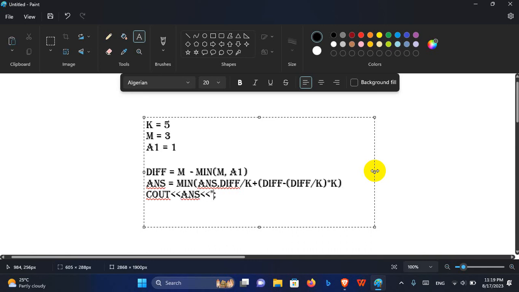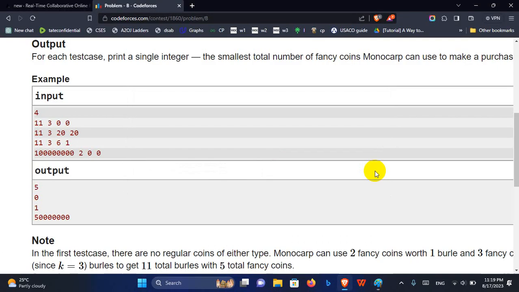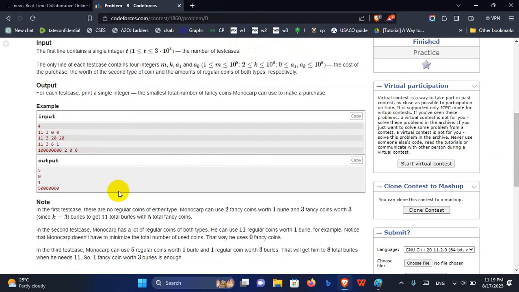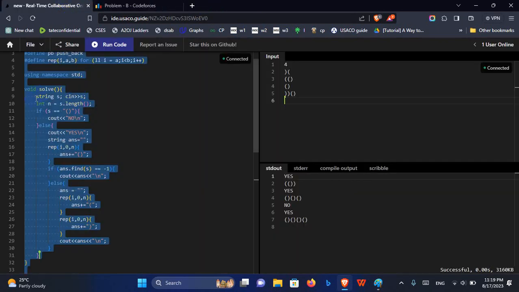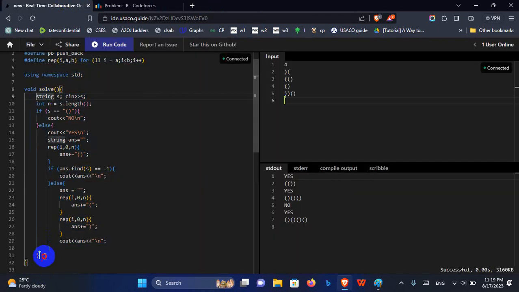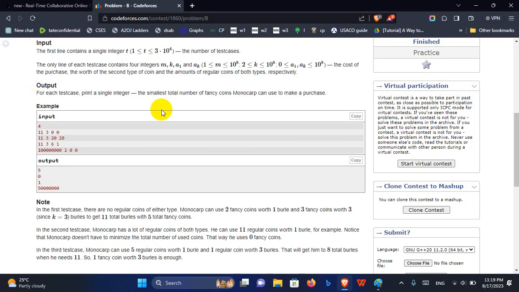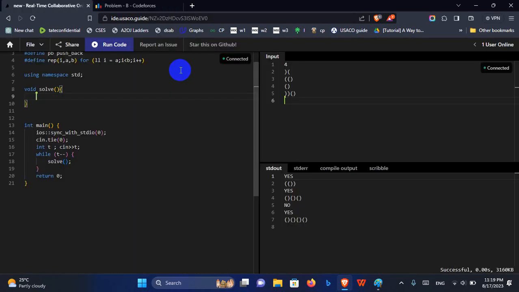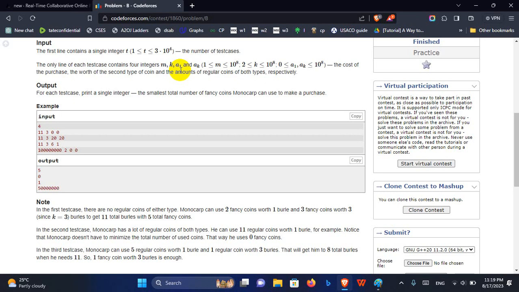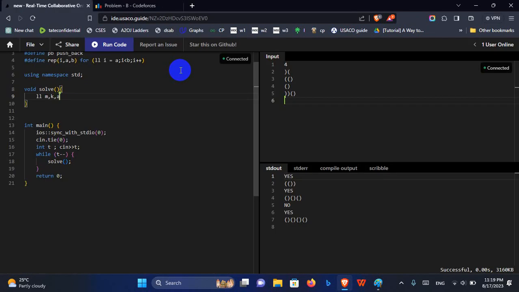And also a new line. Now we will implement this code. So first we need these values m, k, a1, ak.